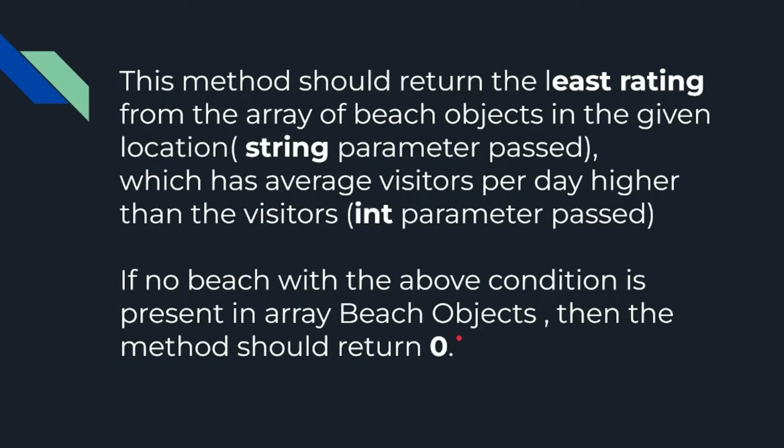So we are supposed to return an integer because they are asking us to return the least rating, and the condition which they have given is the beach object should be in the given location and it should have the visitors per day count greater than the visitors count which the method receives through the third parameter.